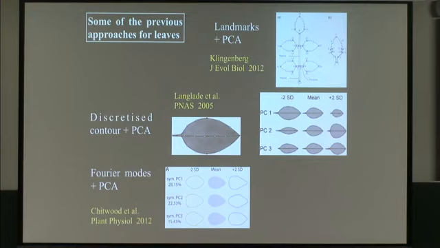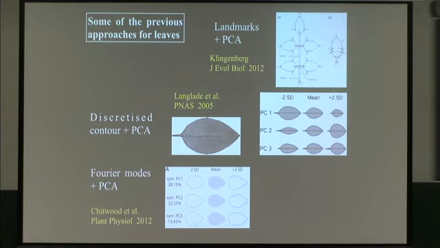Other approaches were based on discretizing the contours regularly, or the contours plus the midvein in this case, and doing principal component analysis on the discretized points.